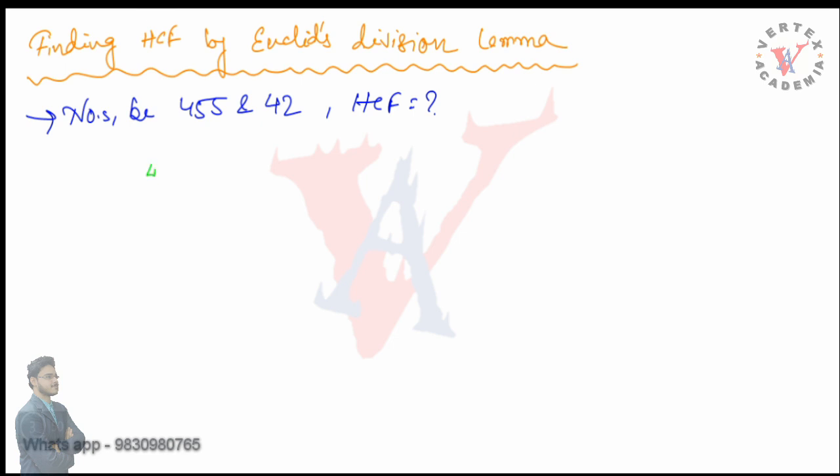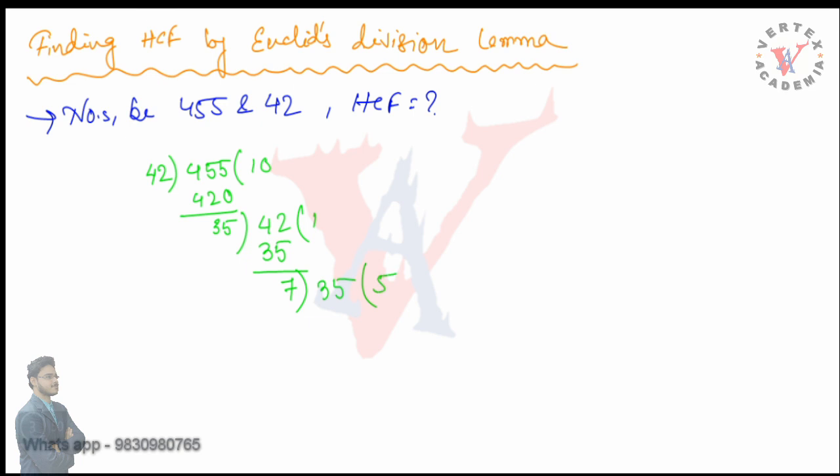The smaller number is 42 and the greater one is 455. 42 tens are 420, then it comes 35, then again 42 into 1 is 42... 35 ones are 35, and finally 7. 7 fives are 35. So it gets completely divided. The last divisor becomes the HCF. So 7 is the HCF.